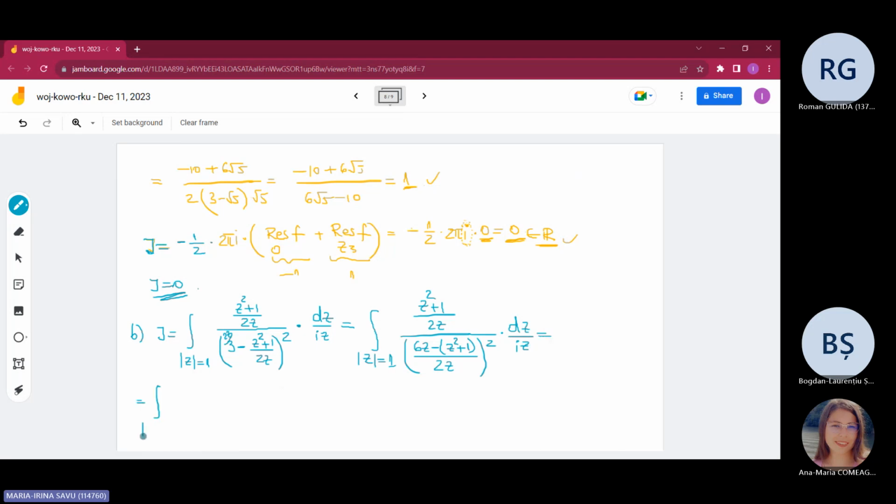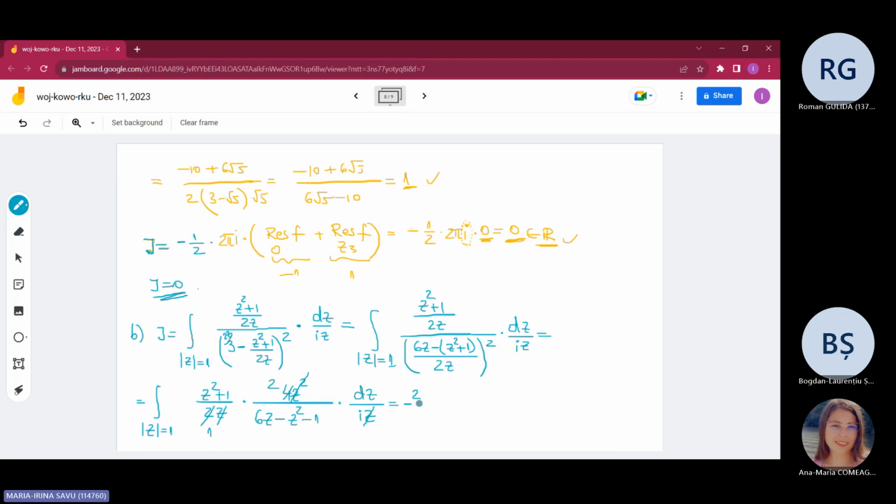So this is z squared plus 1 over 2z times this 2z squared, which is 4z squared, and this is 6z minus z squared minus 1 from here, times dz over iz. Z squared, z and z disappear from here. 2 and 4 will simplify. So we have 2.